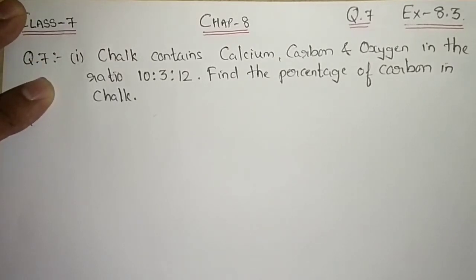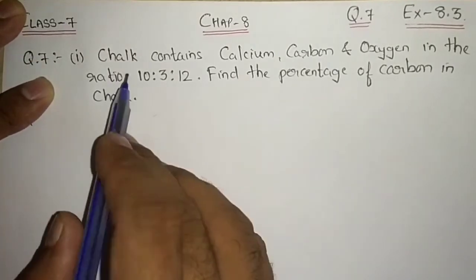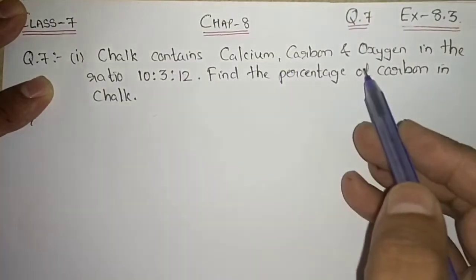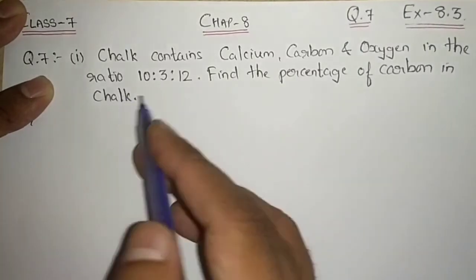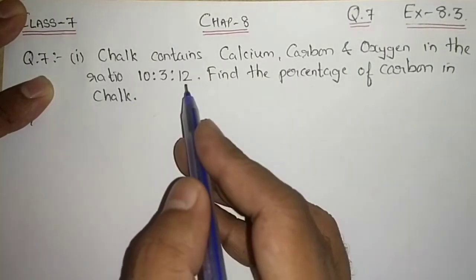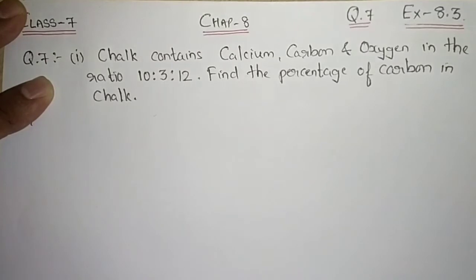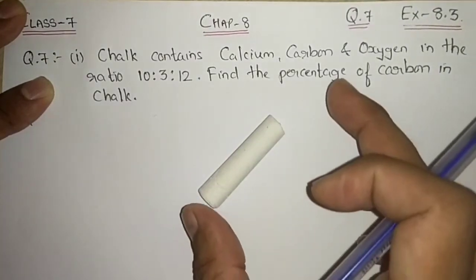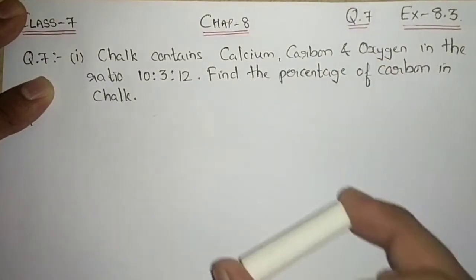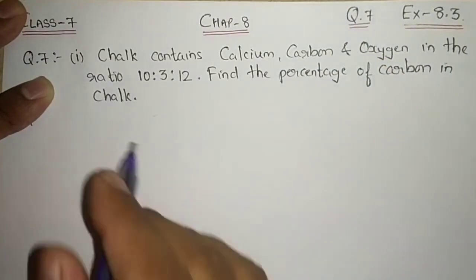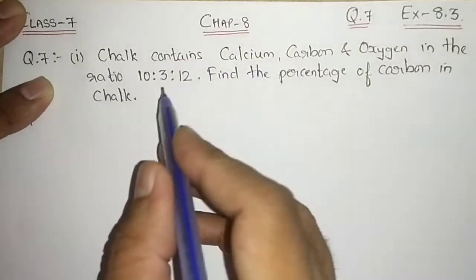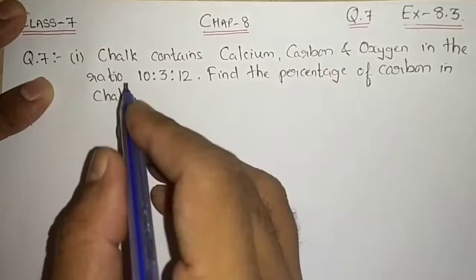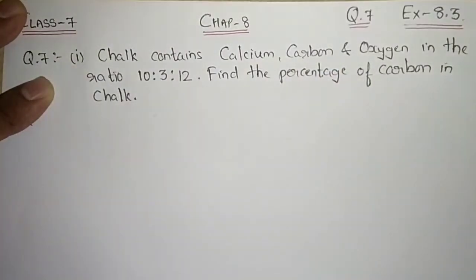The first part says chalk contains calcium, carbon and oxygen in the ratio 10:3:12. This means the chalk which we use in school contains 10 parts of calcium, 3 parts of carbon and 12 parts of oxygen, and that is why they have given 10:3:12.